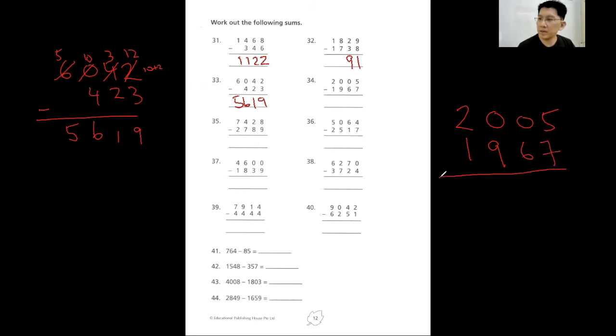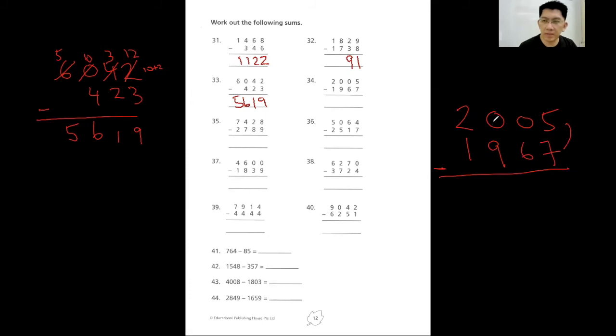Okay, draw a line, put a minus operation here. Now we can start from the right-hand side. 5 minus 7. Again, we have small number minus big number. Therefore, we need to borrow from the next group. So this is 0. And then this is 0.